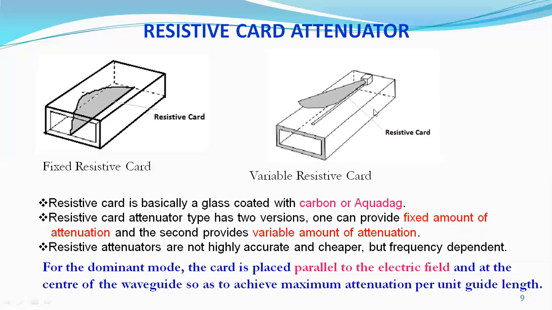In the variable type attenuator, see here the rectangular waveguide: on the broader side, in the middle of the waveguide, I am inserting a resistive card. The resistive card is parallel to the electric field lines. Based on the depth of penetration of this resistive card into the waveguide, the attenuation level varies.